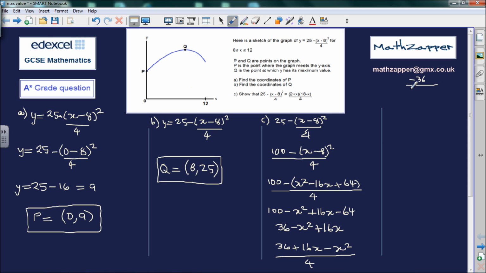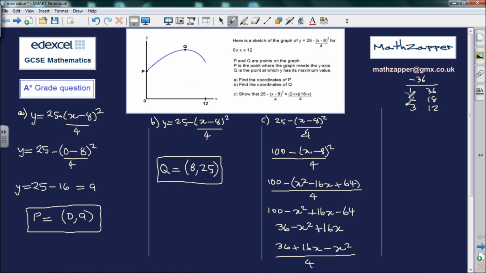So we could have 1 times 36, 2 times 18, 3 times 12, but we've already found it's 2 times 18.